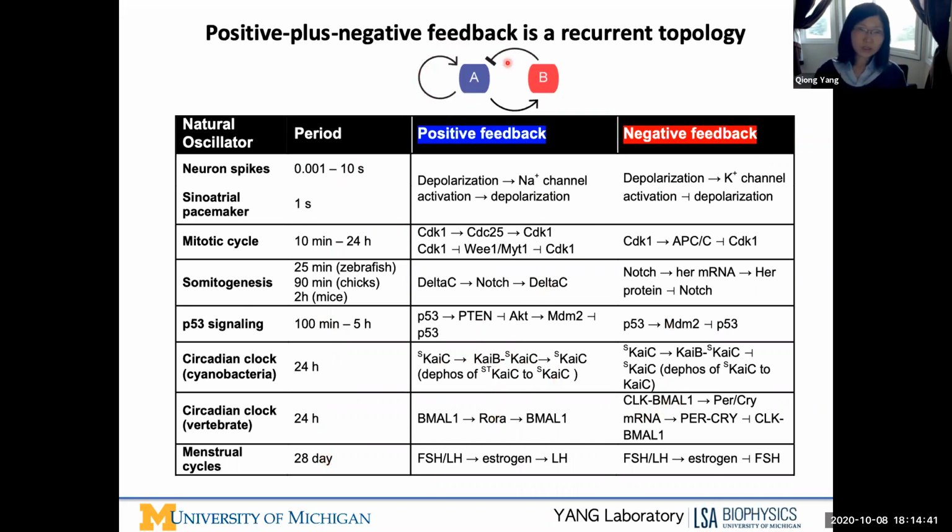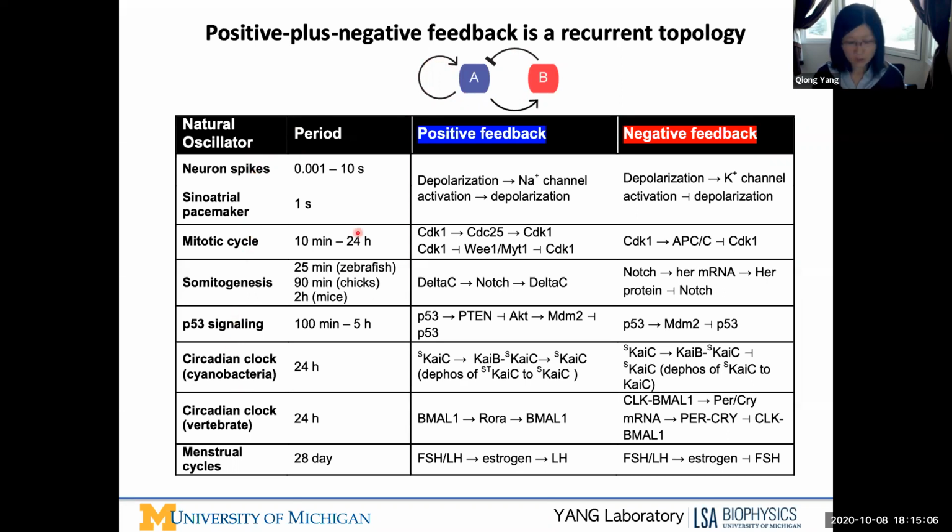So the question here is, if we know in theory, a single negative feedback is sufficient to generate limit cycle oscillation, then what is the role of the positive feedback? Why in nature do we find these positive feedback structures evolved, and shared among all these different organisms and the different clocks?